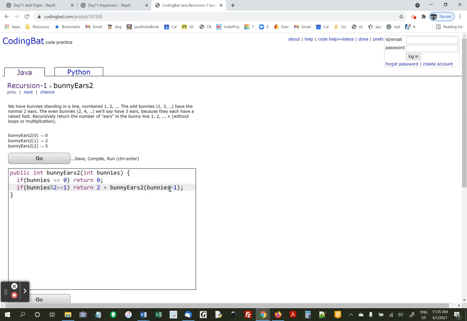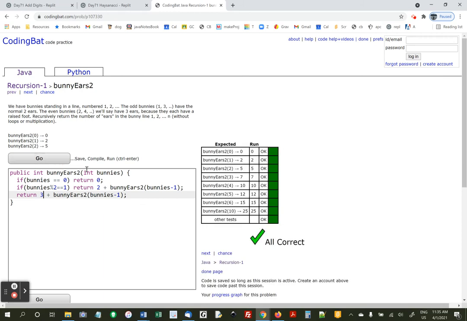And then otherwise, we don't actually have to do another if, because it's only going to get here if it was an even number. And if it's an even number, it's a 3, because even number bunnies have 3 ears.